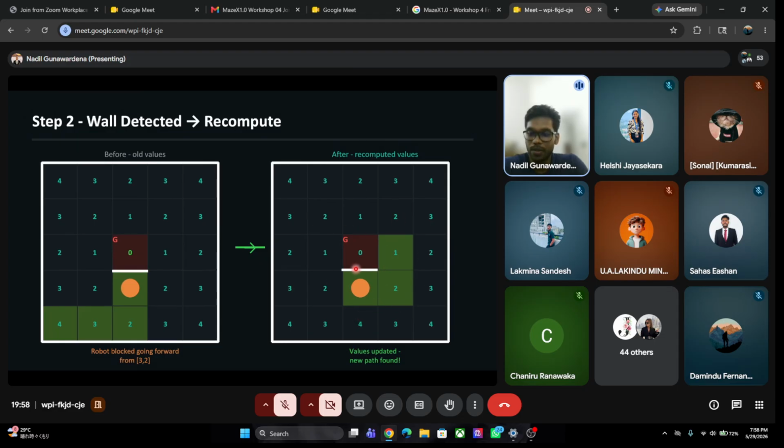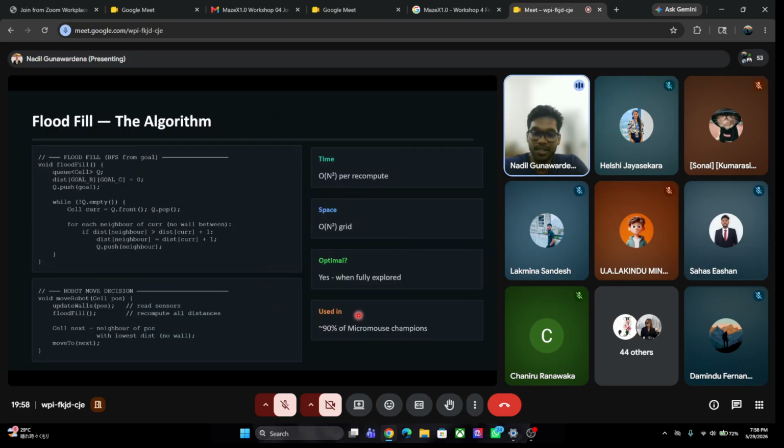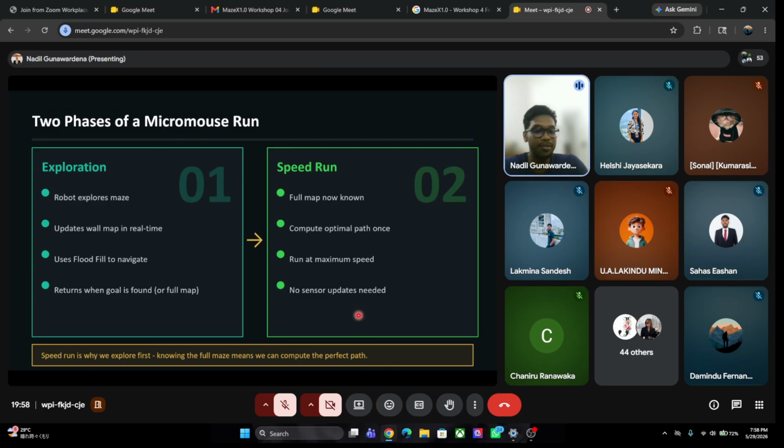So update all the weights in the matrix, so it knows, okay, this is the shortest possible path that I can go. So for the flood fill algorithm, you need sometimes 2 or 3 runs to explore the entire maze, so it gets the full awareness of the entire maze. Exploration of the entire maze means the mice, most of the time, needs to move to every cell. So that's the exploration phase.